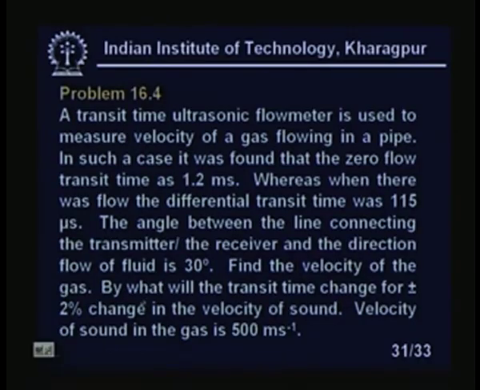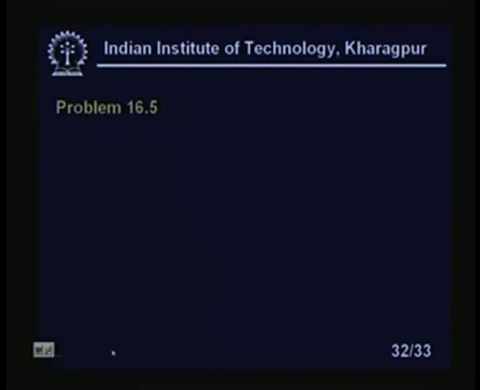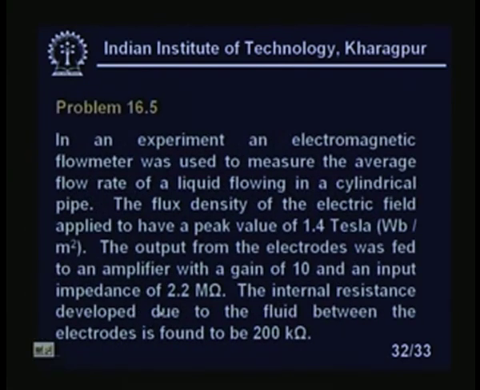Now, let us look at problem number 5. Problem number 5 is on the electromagnetic flow meter. In an experiment, an electromagnetic flow meter was used to measure the average flow rate of a liquid flowing in a cylindrical pipe. The flux density of the magnetic field applied has a peak value of 1.4 Tesla, Weber per meter square. The output from the electrodes was fed to an amplifier with a gain of 10 and an input impedance of 2.2 megohm.